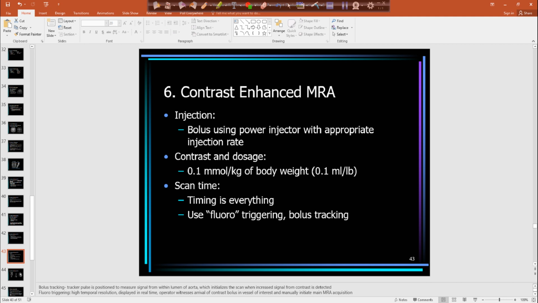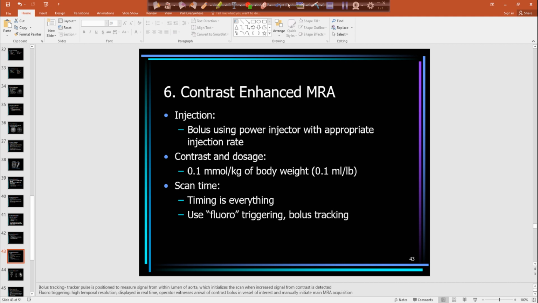Usually we have to use our power injector for our dynamic imaging. So anytime you're doing abdomens, where you have to see the arterial, venous, and delayed imaging, you're using a power injector, right? Because you're not able to get in there and inject as fast and as consistently as the power injector.